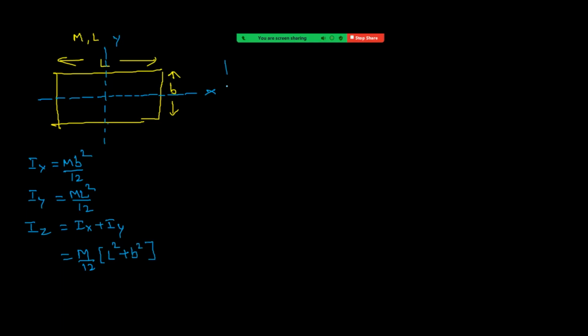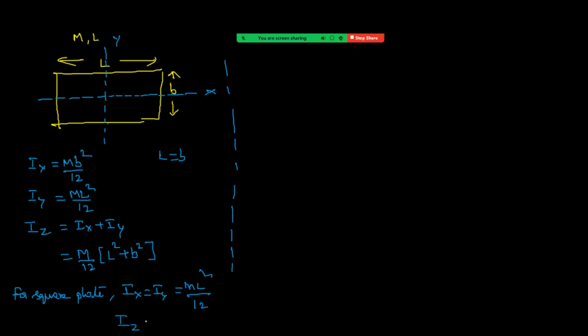Now see what we can do for a square plate. For a square plate, L equal to b. Then Ix equal to Iy, that is equal to m l square by 12, right?